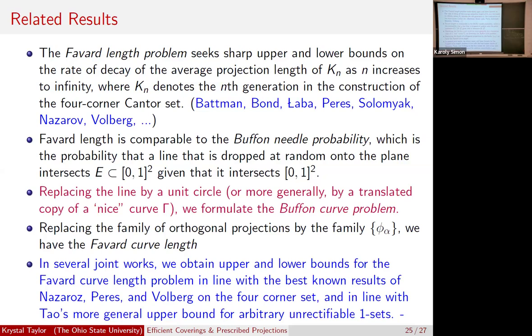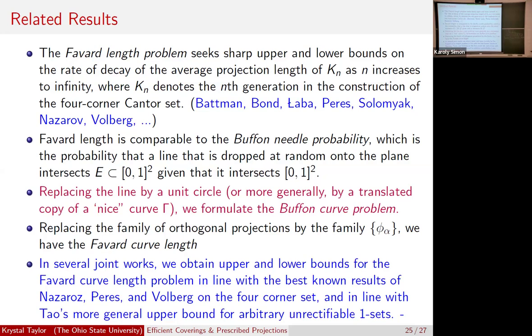And Favard length is comparable to what's known as the Buffon needle probability, which is the probability that a line dropped at random onto the plane intersects the set, given that we're sticking to it actually dropping on the table. So replacing the line by the unit circle, or more generally by a translated copy of a nice curve, we formulate the Buffon curve problem.